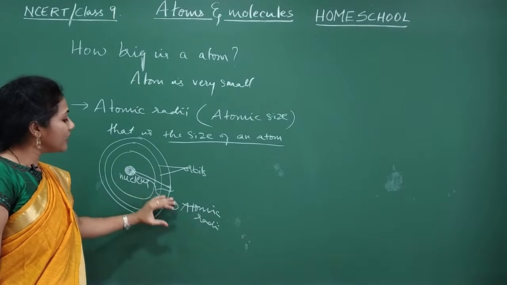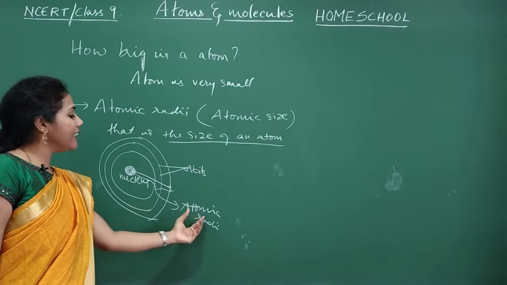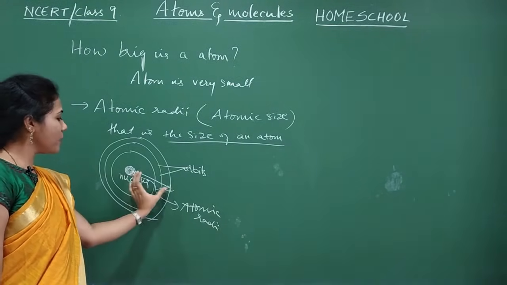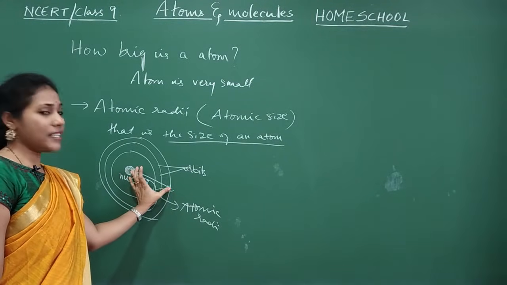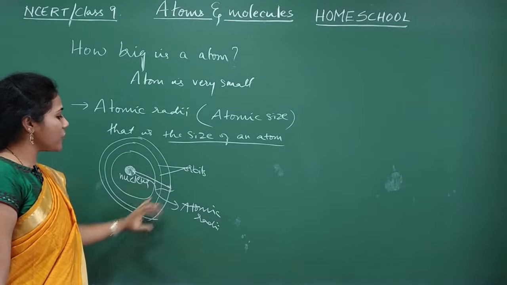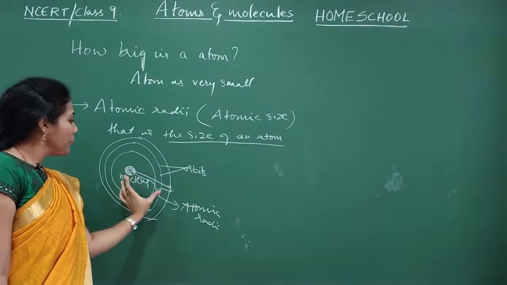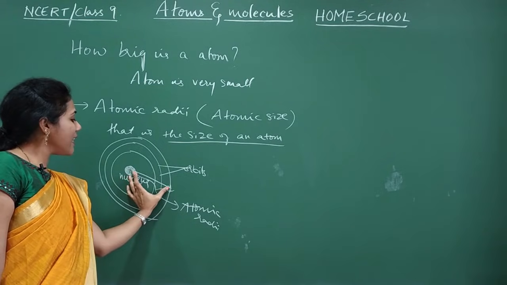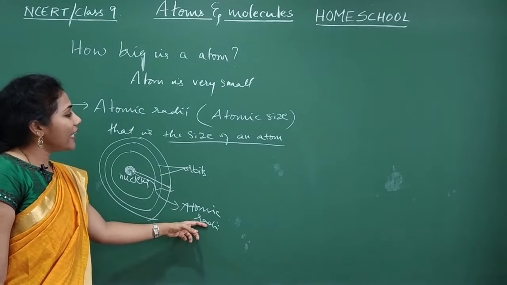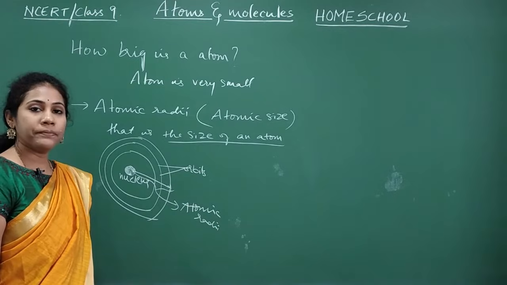That distance is called atomic radii. It is a kind of circle. Radius in the sense what? Center of the circle to the circumference, isn't it? The last orbit is just like the circumference, and the nucleus is like the center of the circle. This distance is what we call atomic radii, and that is nothing but the size of the atom.